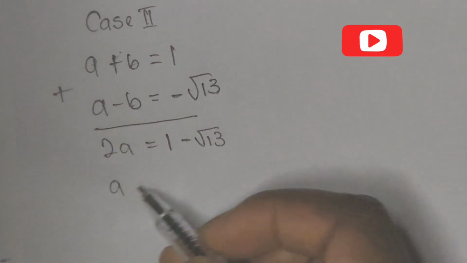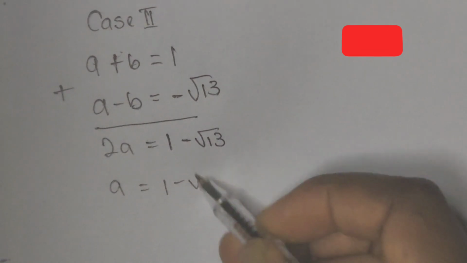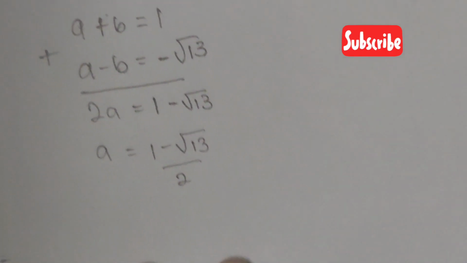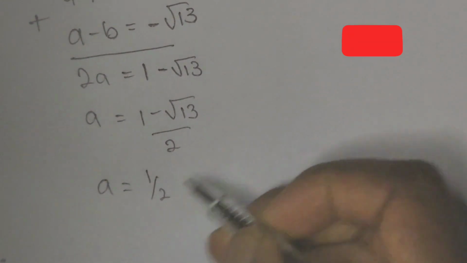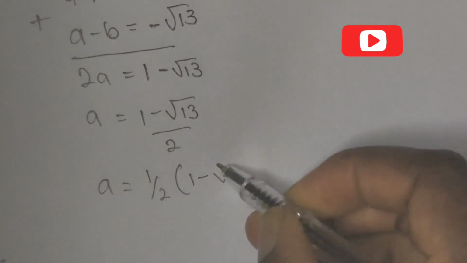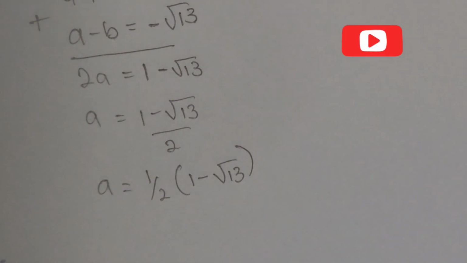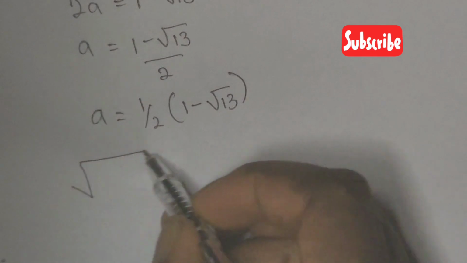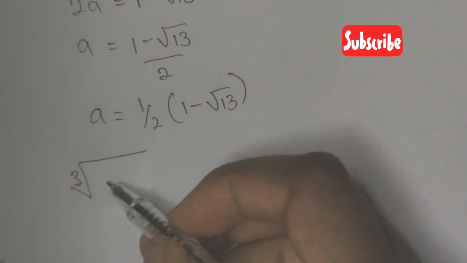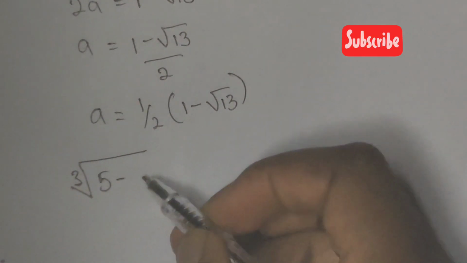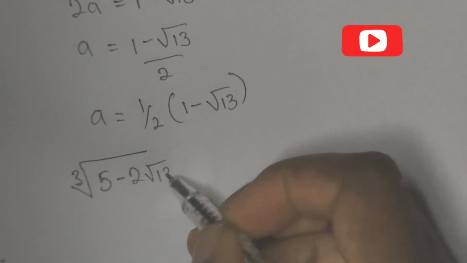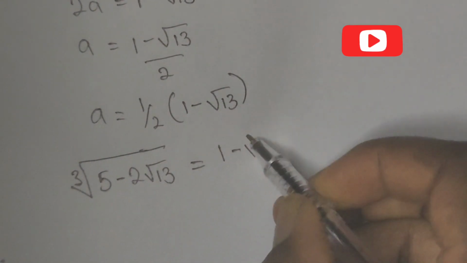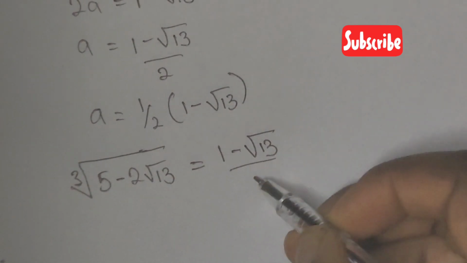So this simply means that a is equal to 1 minus root 13 over 2. a is equal to 1 over 2 times 1 minus root 13. So from here we can actually conclude that the cube root of 5 minus 2 root 13 is equal to 1 minus root 13 over 2.